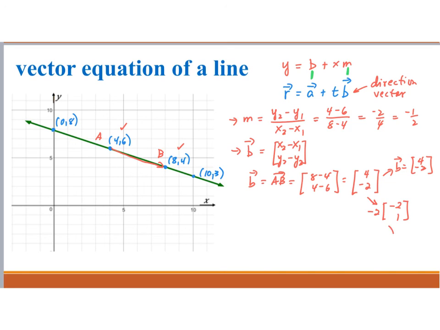Then you could use that as your direction vector. B is equal to negative 2, 1.